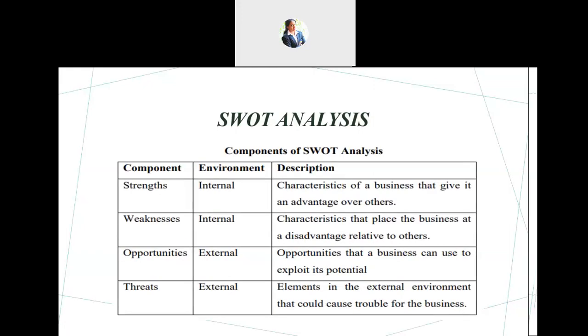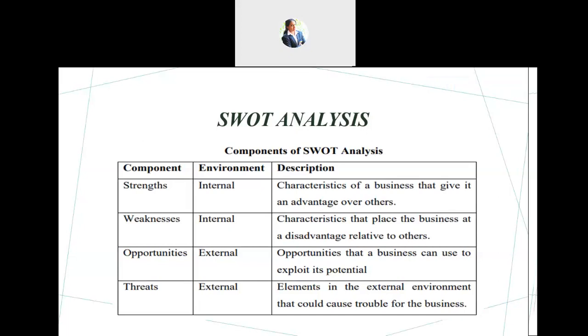So, we shall see the components of SWOT analysis. The four components are, as we said, the first one is strength. Speaking about strength, the strength of a business represents the capacity by which the organization has gained competitive advantage over its competitors.